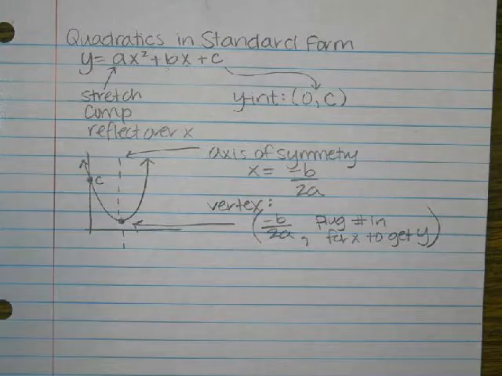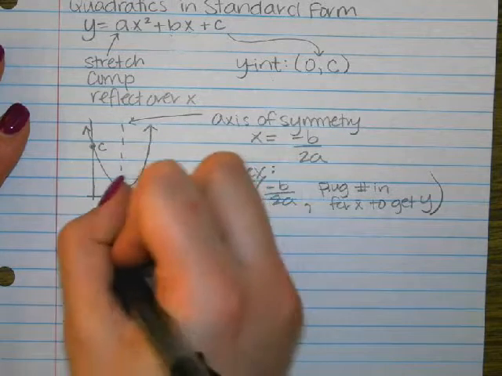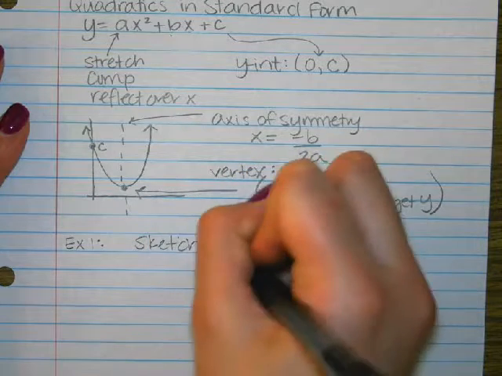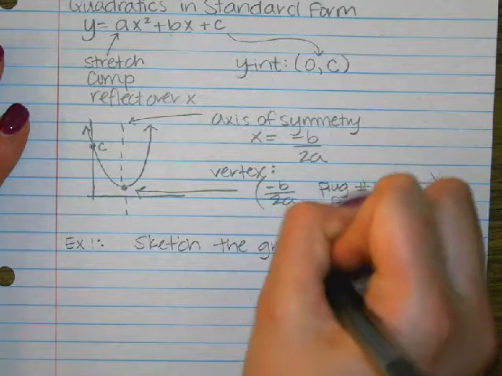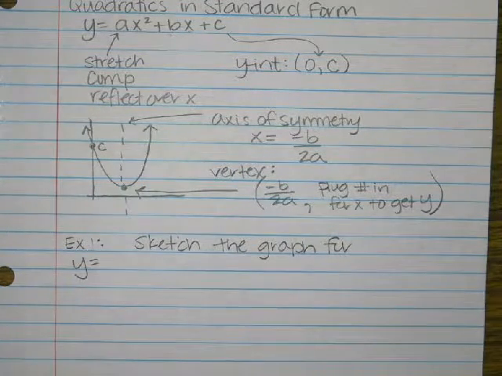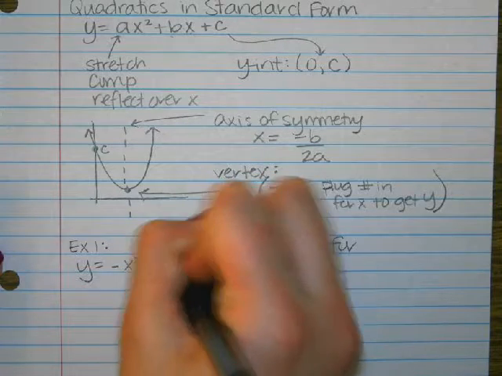Okay, so for our first example, we're going to sketch the graph for y equals negative x squared plus 4x plus 3.